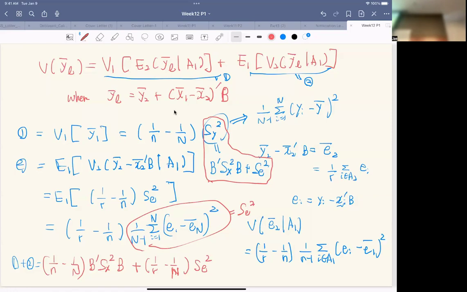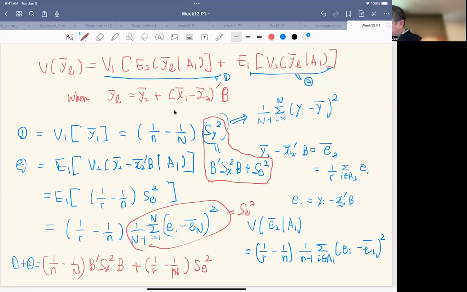So actually here you have S square on both sides, and then you have some 1 over r minus 1 over n plus 1 over n minus 1 over capital N. So there's some cancellation. So this is the total.